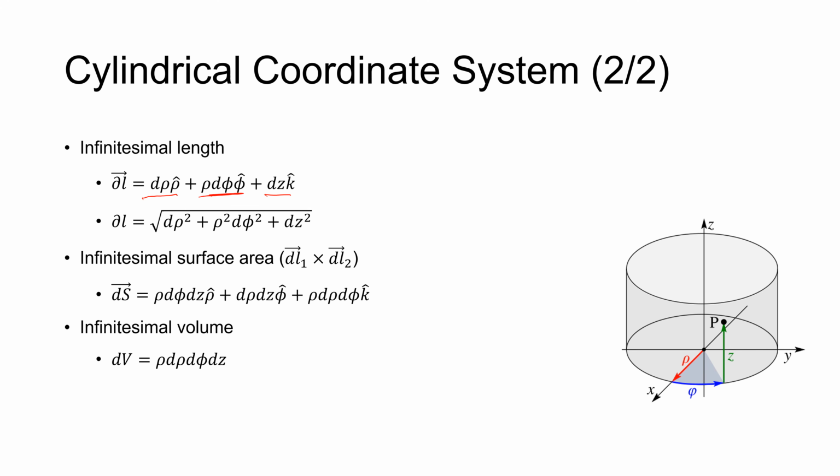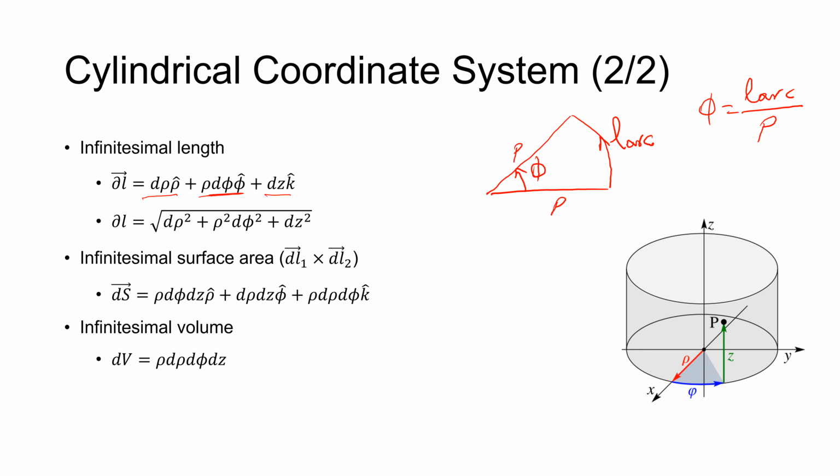Again, as we have discussed in the polar coordinate system, how to find the infinitesimal length in phi. Simply we imagine that we have a circle, right? And this one is rho and this is rho, and here this is the arc length, L arc. And what is the relation between phi and the L arc? Simply phi is equal to L arc divided by rho.